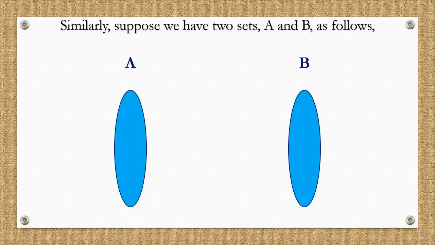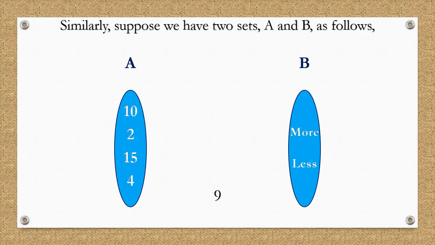Similarly, let's suppose that we again have two sets A and B as follows, where A and B both represent a circle of values. Here A has the values 10, 2, 15, 4, whereas B has just more and less. Now again, looking at these two sets of values, how can we connect A with B? What I'm going to do here is mark a line at the value 9.